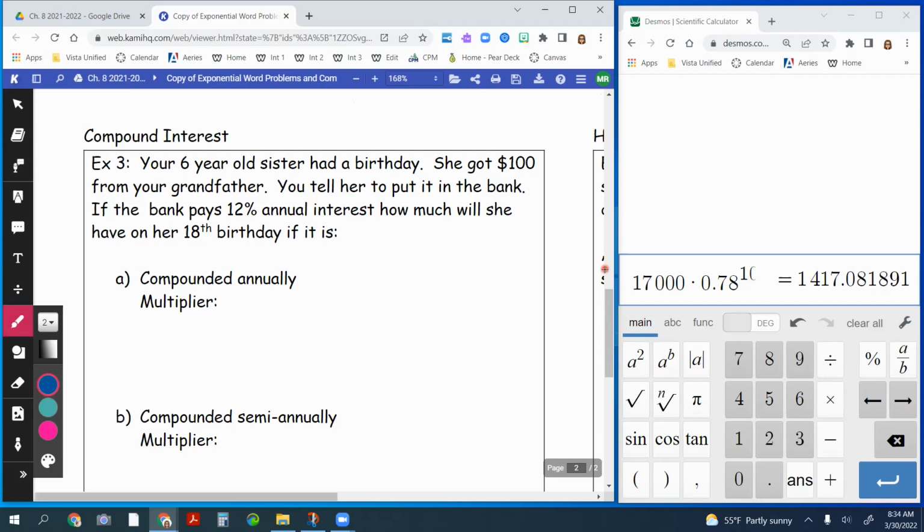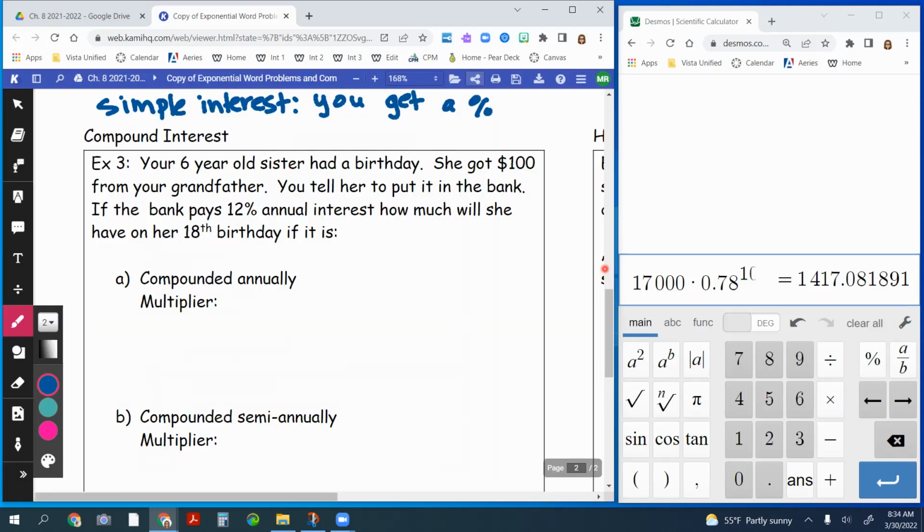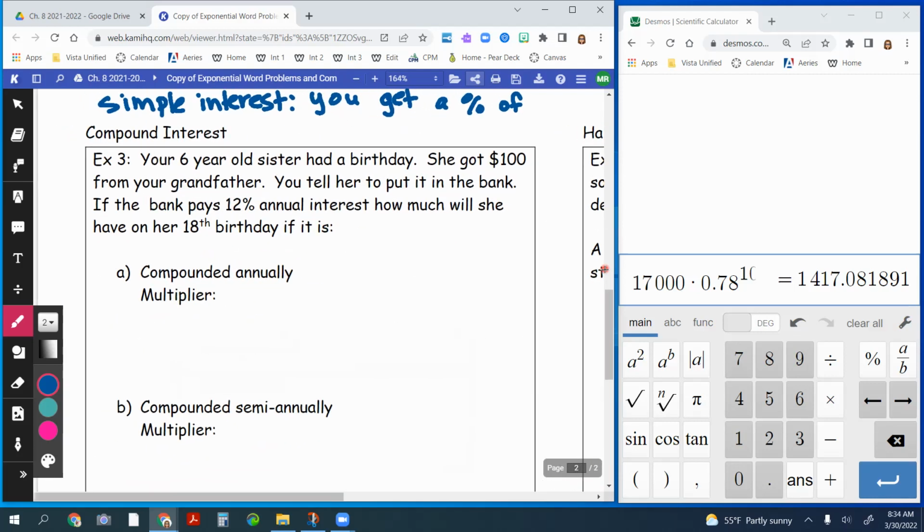When I'm dealing with simple interest, you get a percent of the original initial value, and each year you get that same amount.